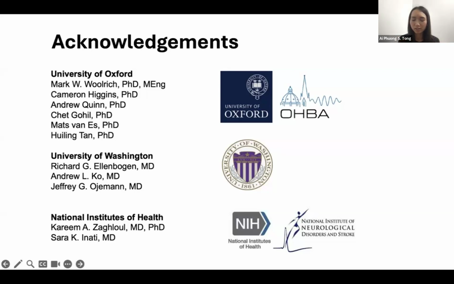So the short answer is we couldn't look at lateralization because we didn't have a large enough data set to really separate out left versus right MTL or other regions. But I think that's a great question that hopefully could be addressed with more data.